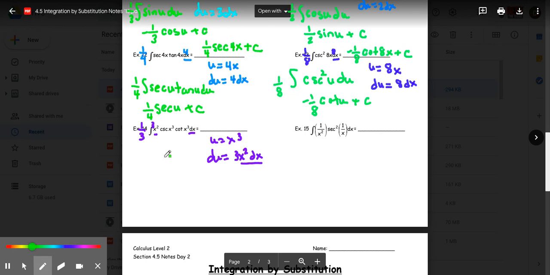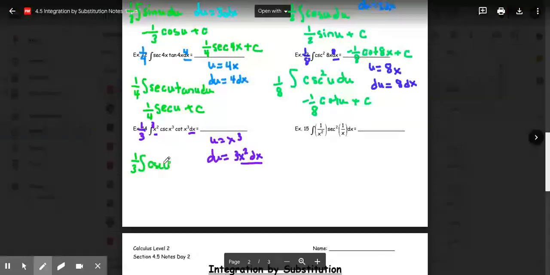That gives us 1/3 the integral of this right here, cosecant, this becomes u, cotangent u. So cosecant u, cotangent u, and the 3x squared dx, what I have underlined, is replaced with du. And cosecant cotangent integrates to negative cosecant.